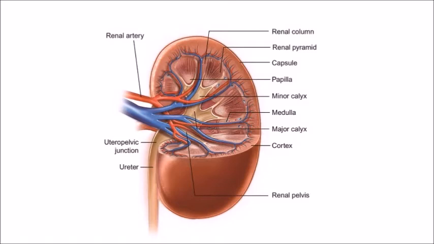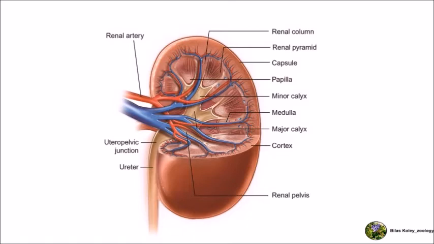Nephrons are convoluted in the outer part of the kidney called renal cortex, while they run straight in the central part of the kidney called renal medulla. The renal medulla has 8 to 18 conical masses called medullary pyramids, which project into the minor and major calyx.